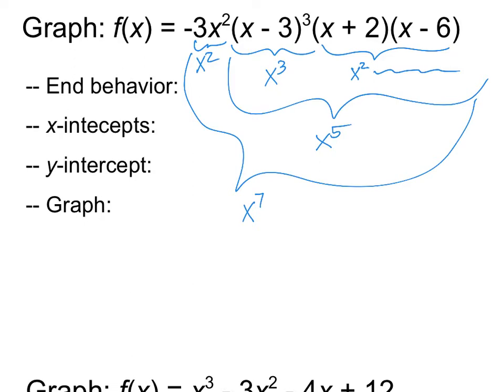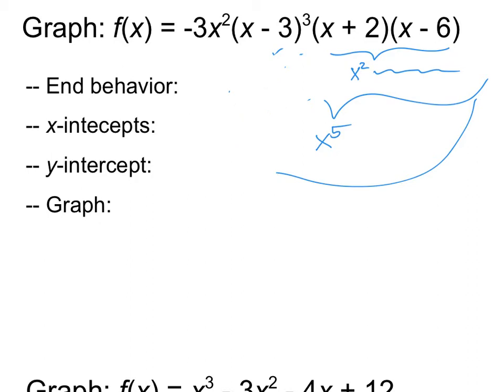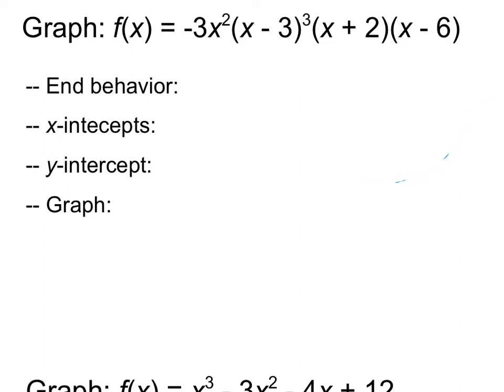Now, what would be a fast way to determine that the degree is 7? All you have to do is add all the multiplicities and you would have the degree. Let me make that super clear. When your polynomial is in factored form, you add up the multiplicities to get the degree.